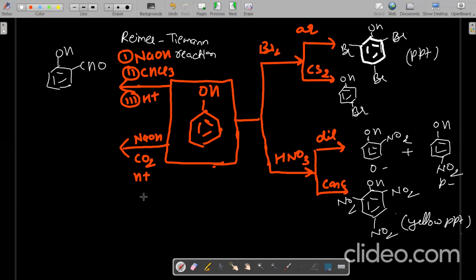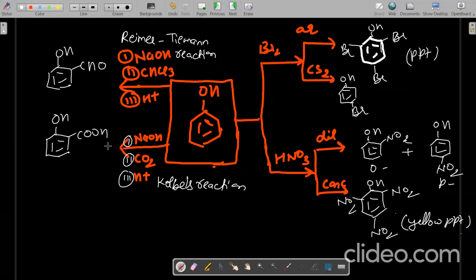In the second reaction, we add NaOH, CO2 and H plus. This is called the Kolbe reaction. In this case, we get salicylic acid, with OH and COOH.